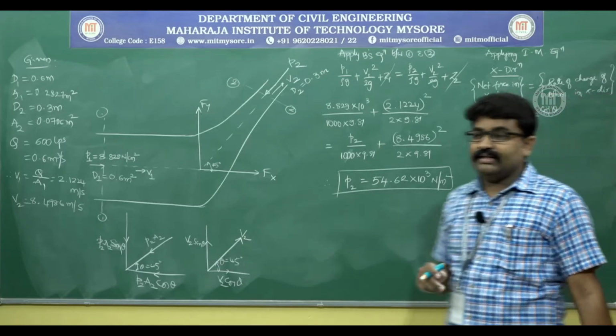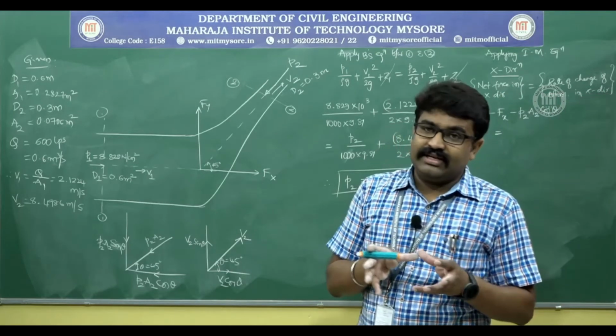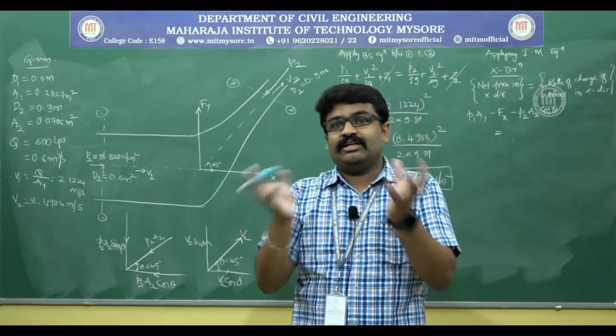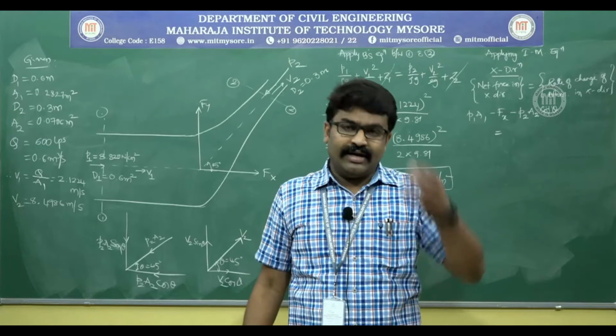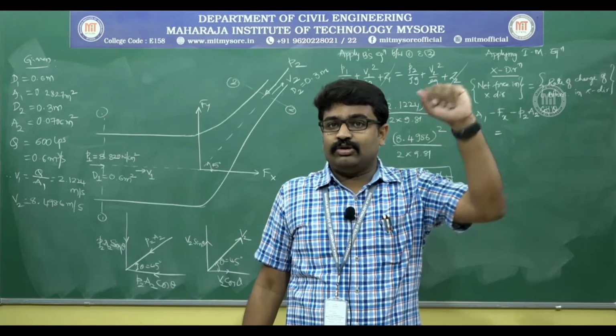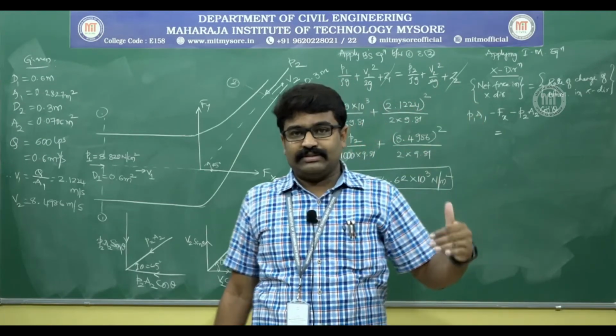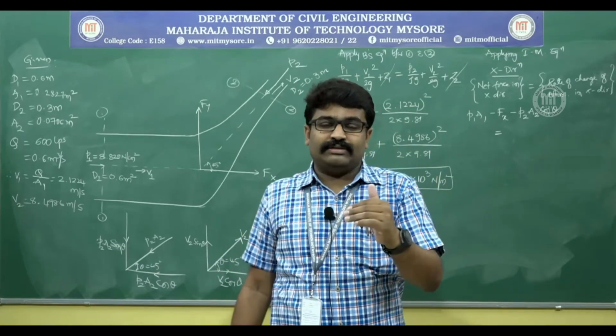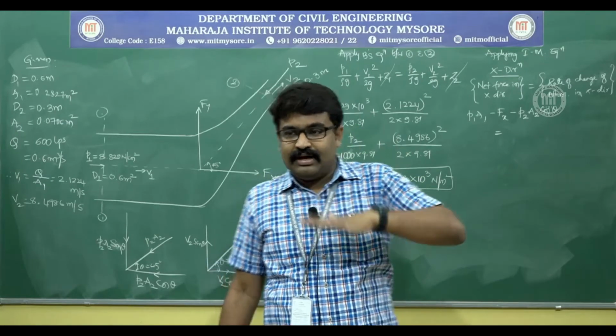You know how to write the rate of change of momentum. It is nothing but mass into change in velocity, because mass cannot change. So how did I write mass? Mass I have written as rho into q, because rho is kg per meter cube and q is meter cube per second. You are only left with kg per second.